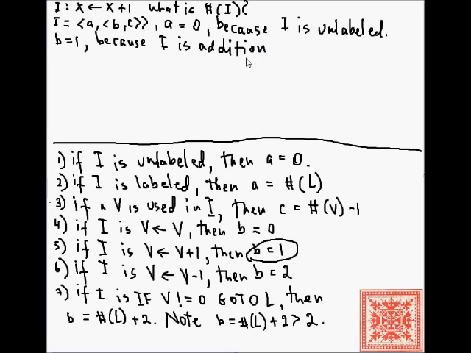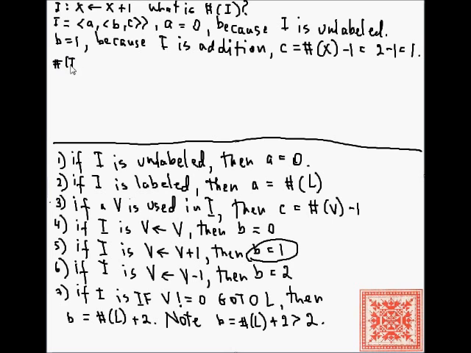And finally, C will be the position of the variable used in the instruction, which is X1, because 1 is omitted, minus 1. The position of X is 2, so 2 minus 1 is equal to 1.